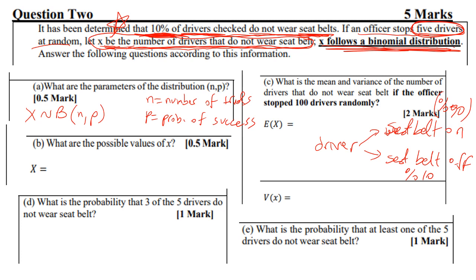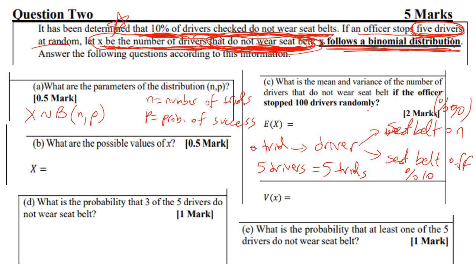So this is a binomial experiment. Each driver is a trial. How many trials do we have? 5 drivers are used in this experiment, so that means 5 trials. X is the number of drivers that do not wear a seat belt. So seat belt off is the success here, because X defines the success.